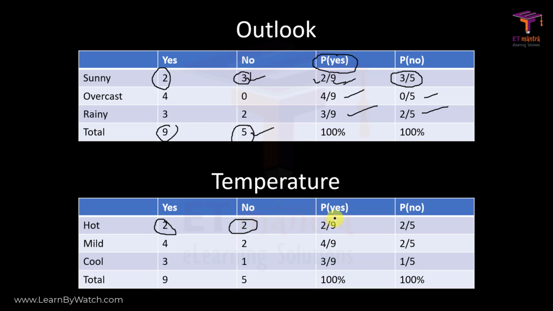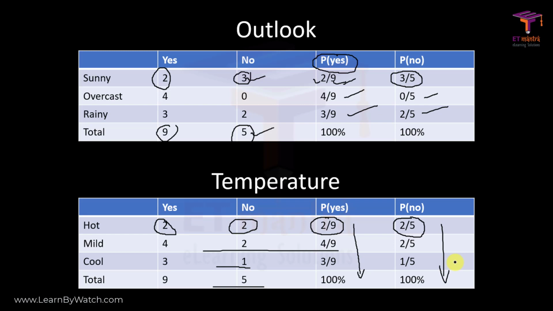So this 2 by 9 here represents the probability that it was a hot day given that the match was played. Similarly 2 by 5 here represents the probability that it was a hot day given that the match was not played. Similarly the rest of the columns I have maintained the statistics, and when you sum these up you should get 100.